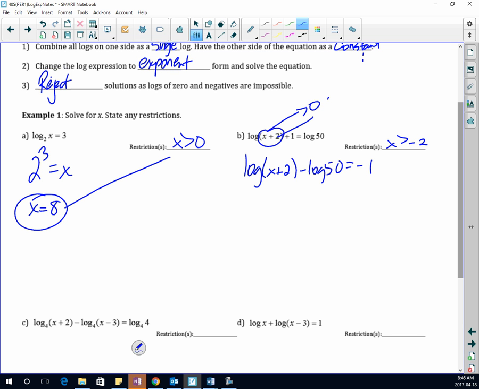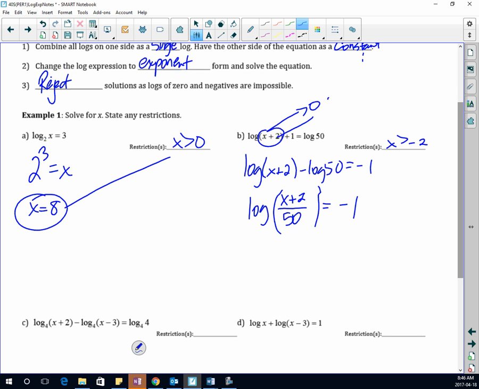Yes? Now we have to write this as a single log. Who can tell me what this is as a single log? Yes, subtraction becomes the denominator. So this is going to be log of (x plus 2) over 50 equals -1. Any questions there? Okay. Next step.